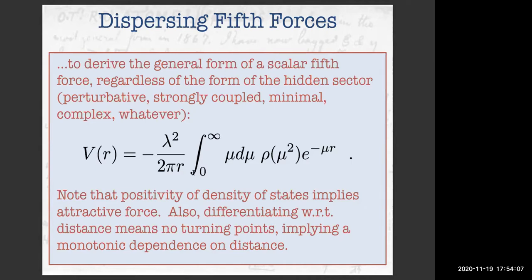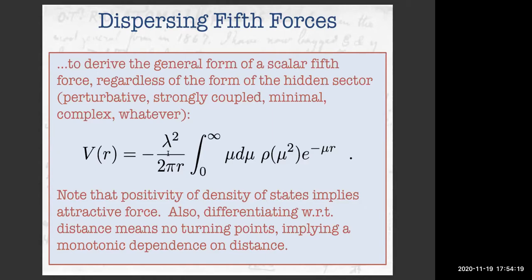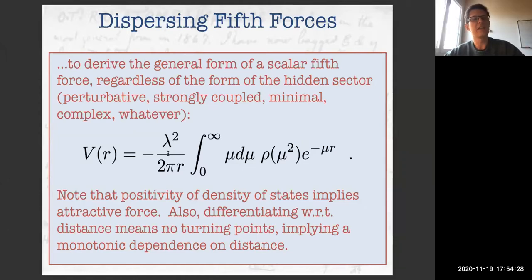Right. I mean, the density of states is still positive, right? Yes, but for example, if you do vector exchange, you get a similar sort of thing, but with the opposite sign. I see. So in this language, your potential would be a tensor potential or something. Well, you can even calculate V of r just like in electromagnetism.